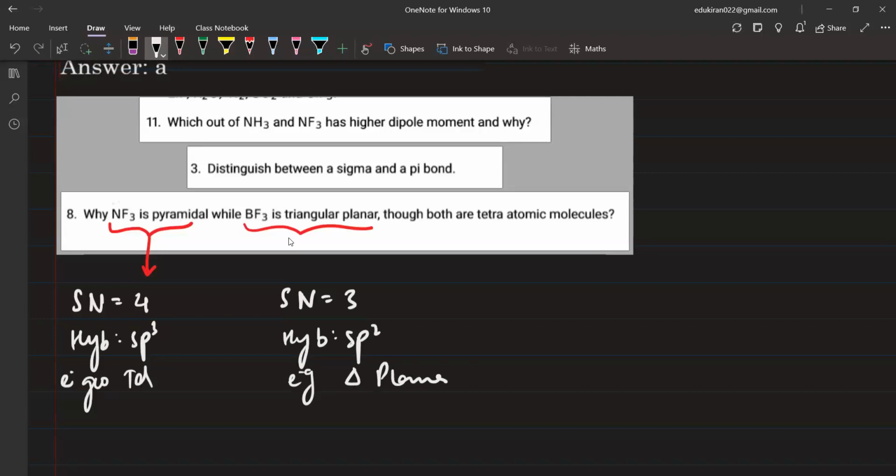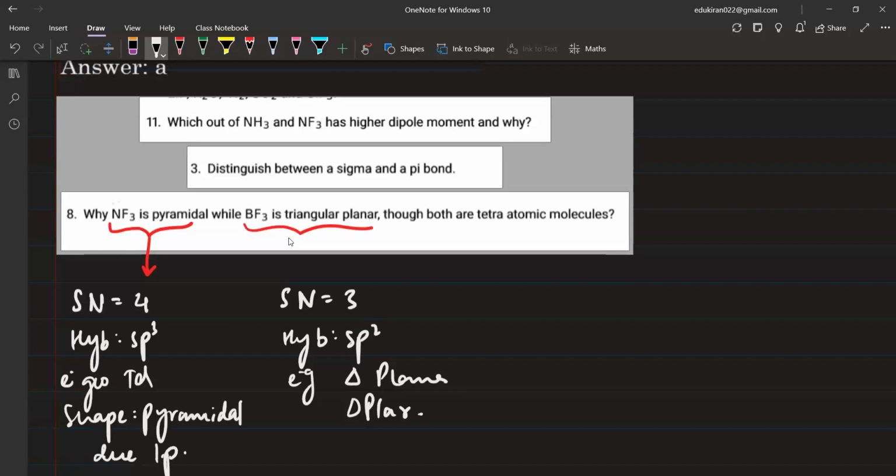If the electronic geometry is tetrahedral and we have one lone pair, we write that the shape is pyramidal due to the lone pair. Here you don't have any lone pair, that is why it is trigonal planar.